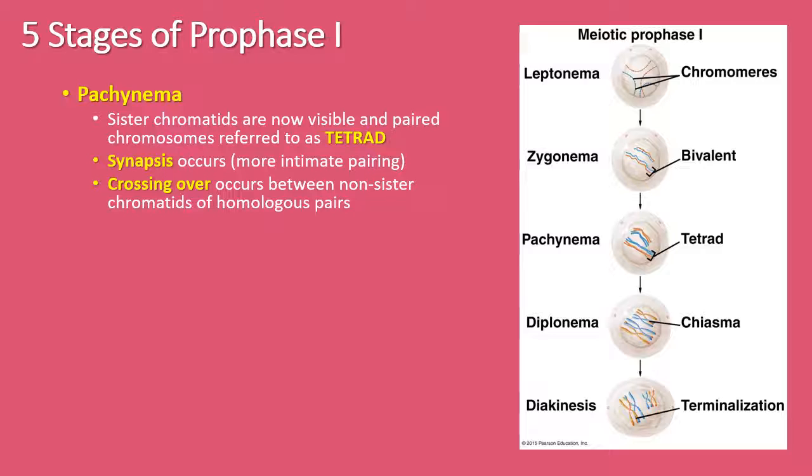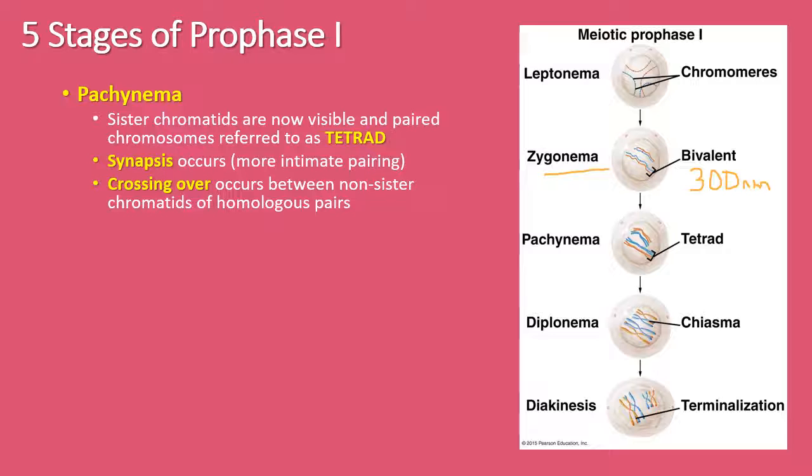This is a very intimate pairing. When I described what was going on before during zygonema, the bivalent, I think let's see if I can write this, the chromosomes were like 300 nanometers apart, which is fairly small. That's terrible writing.